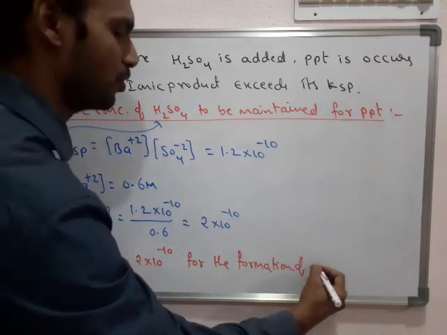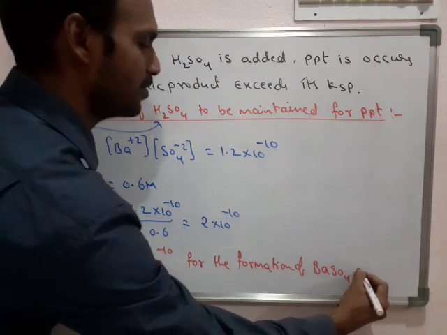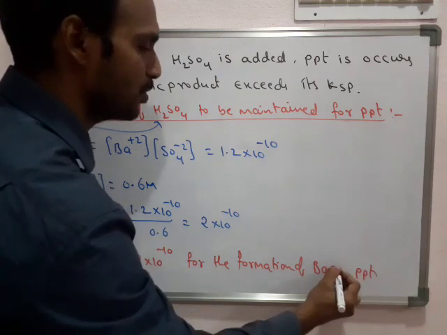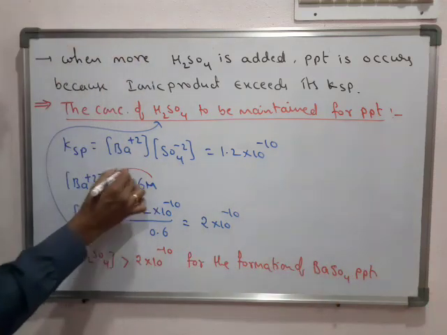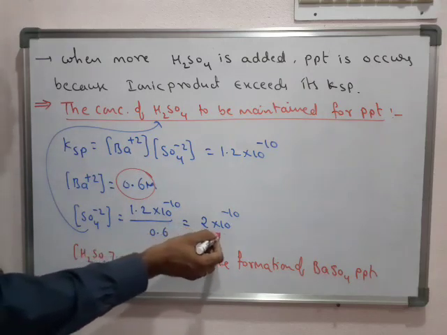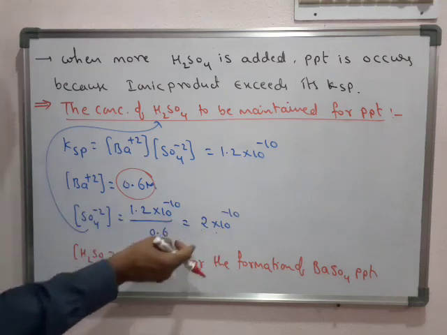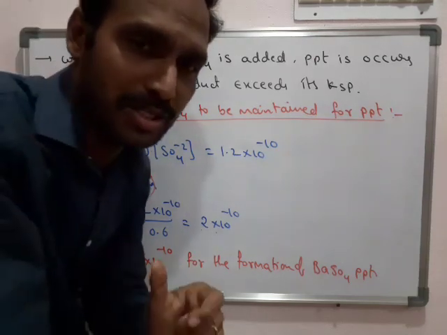For the formation of barium sulfate precipitate. సో మనం యాడ్ చేసే కాన్సెప్ట్ 0.6 బేరియం క్లోరైడ్కి ఎగ్జాక్ట్లీ 2 into 10 power minus 10 H2SO4 యాడ్ చేస్తే there is no precipitation will be formed. సో దీనికంటే లెస్ యాడ్ చేస్తే ప్రాబ్లమ్స్లో వెరీ యూస్ఫుల్.